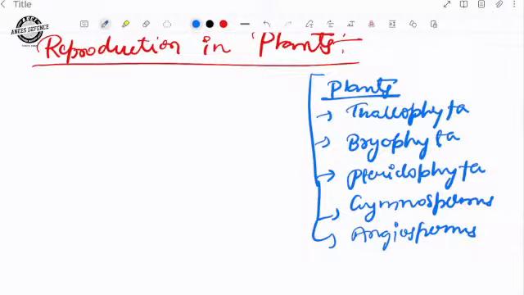Pteridophyte is the first plant population which has true leaves, stem, and roots. After that, slowly evolution occurs, adaptations occur, and gymnosperms completely have true leaves, a thick body of stem, branches, and all things. In 90% of gymnosperms the seeds are not covered, means seeds are going to be naked.